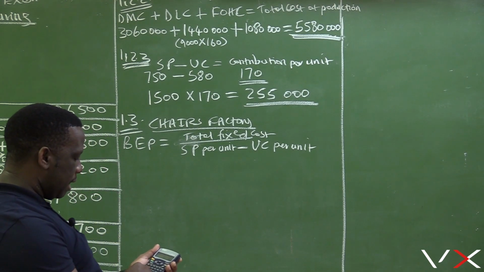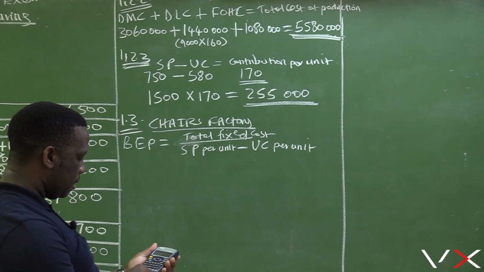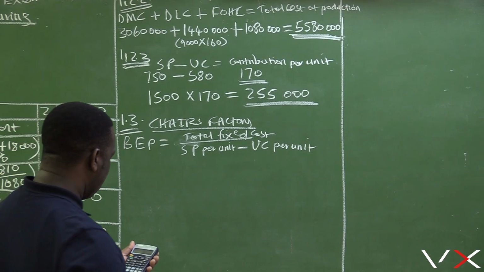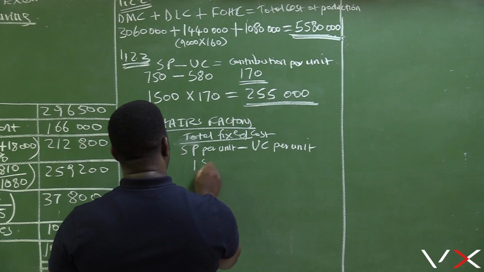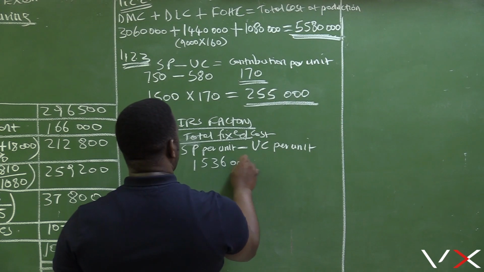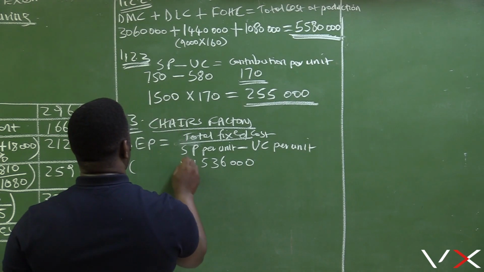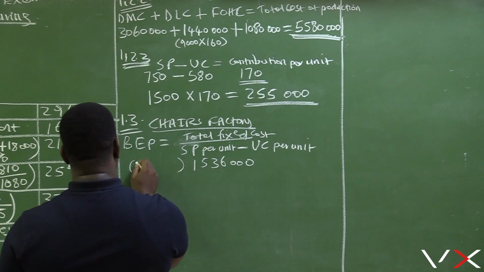So 96 multiplied by 16,000 gives you 1,536,000.